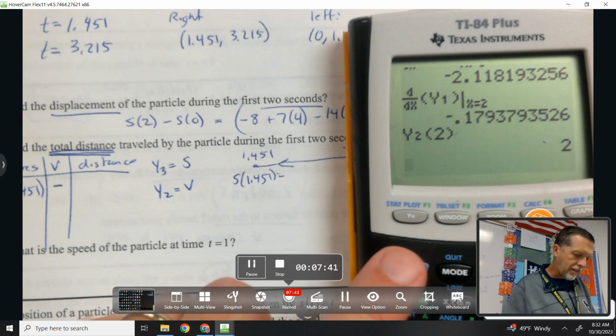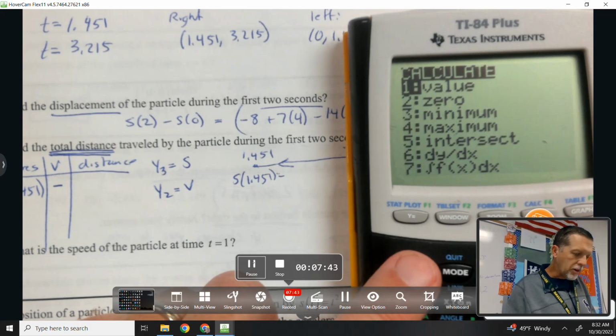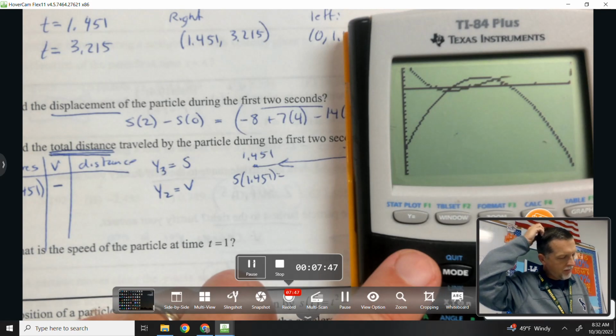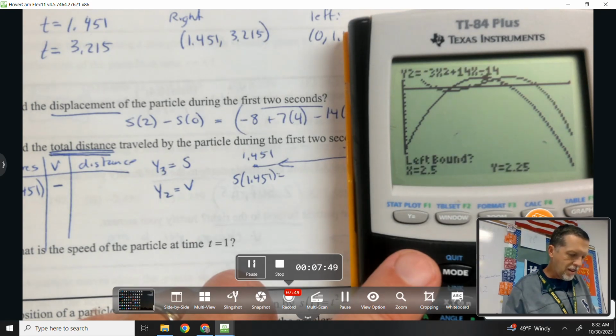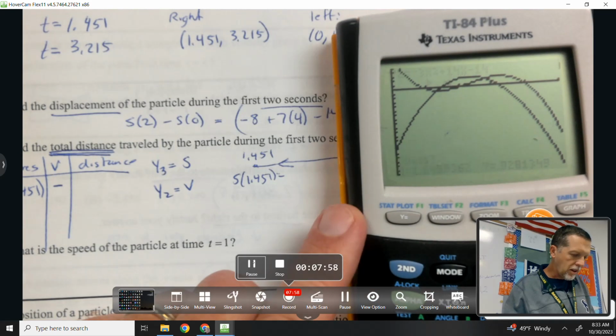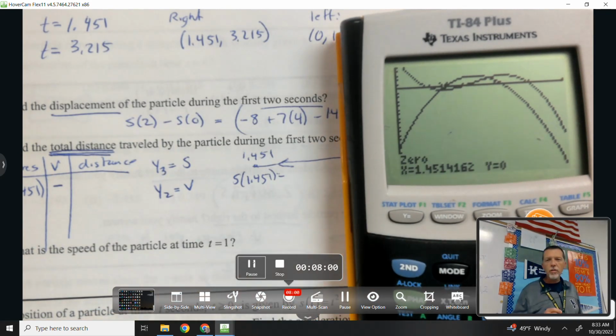in fact, if I really want to do this right, I'm going to save that 1.451. So left bound, right bound, guess. There's the 1.451.